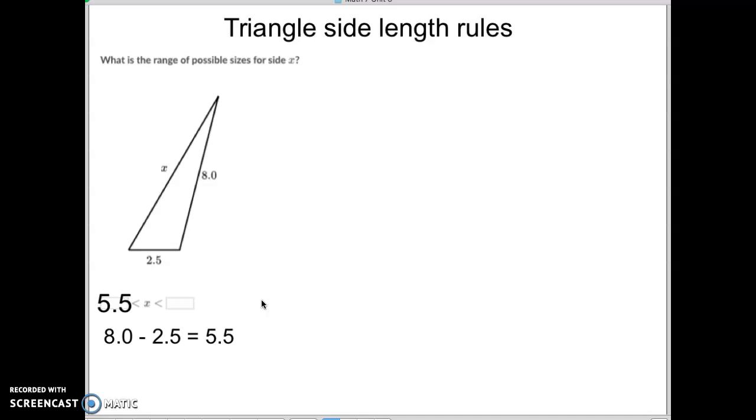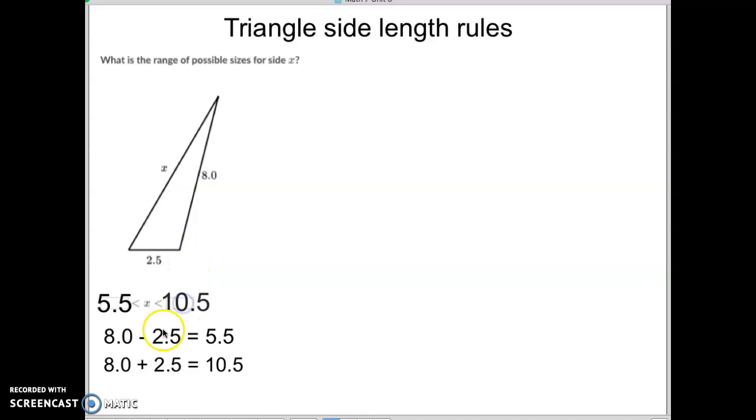However, it can't get to be too big because if we were to add these together, let's say that 2.5 and 8.0 were the two smaller sides. 2.5 plus 8.0, if those were the two smallest sides, then those two would equal 10.5. So if this was anything bigger than 10.5, it also would not make a triangle because it would make a straight line.